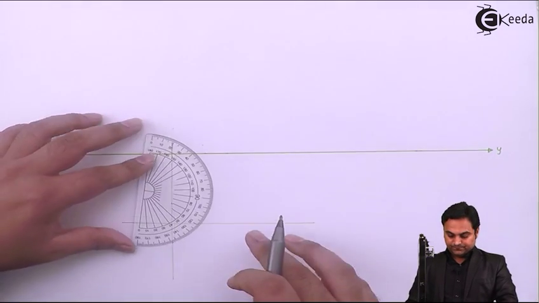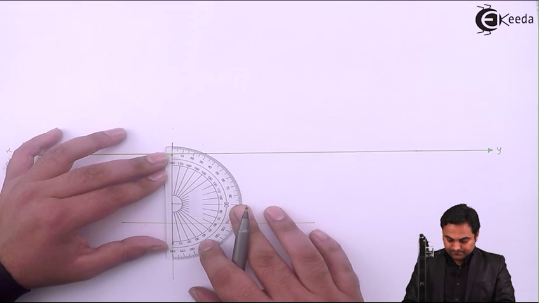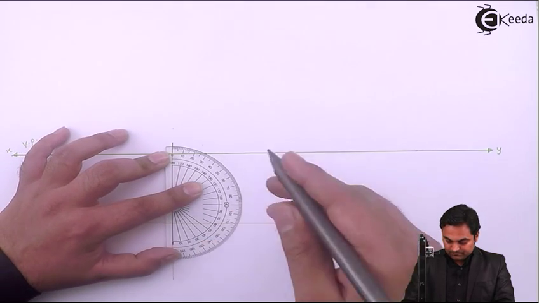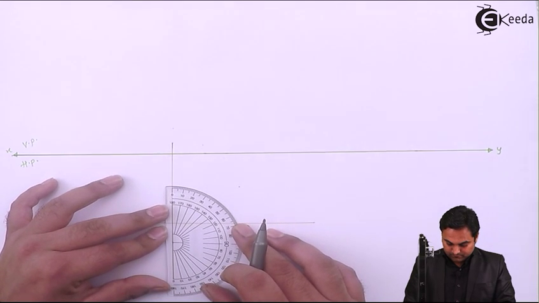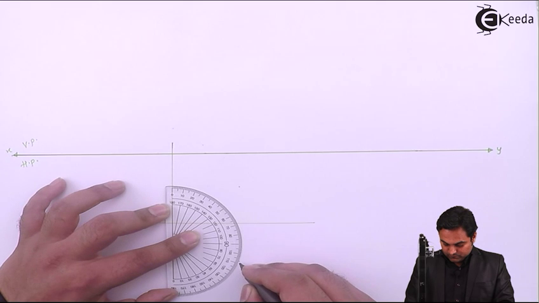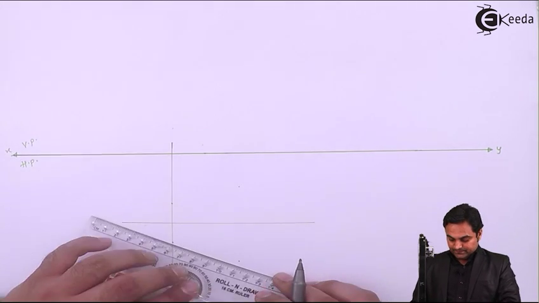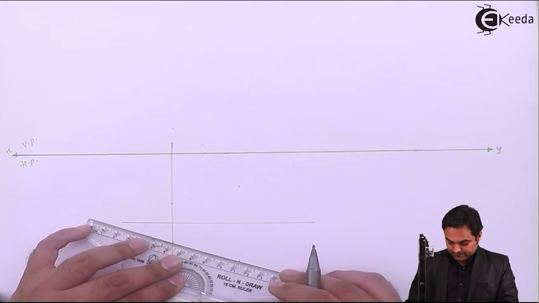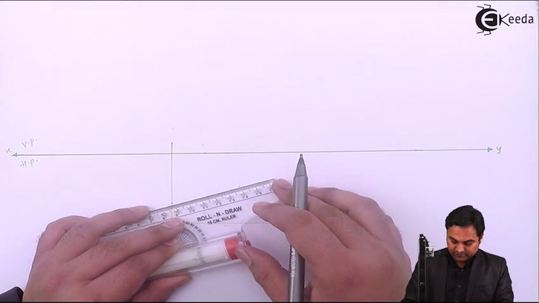Next, the edges of the pentagon are inclined at 72 degree. From both the sides, drawing a light line through it, inclined at 72 degree. Similarly onto the other side.